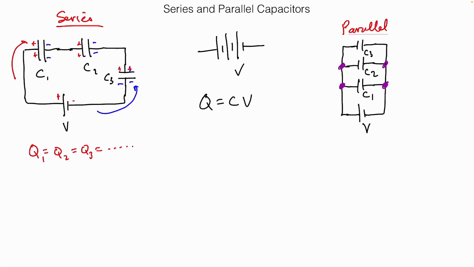If all 3 of those capacitors were the same capacitance, what would each one get? 1. Because 1 plus 1 plus 1 equals 3. So the way that we say that is that the voltage is shared. And so that means the total voltage, the voltage coming out of the battery, is the sum of the voltages of the capacitors.